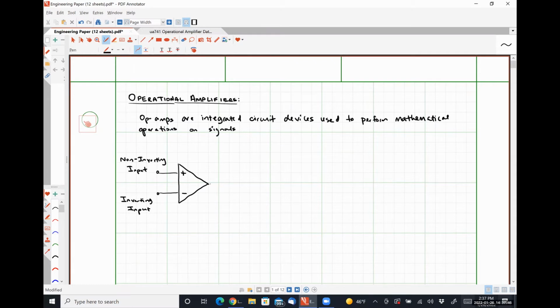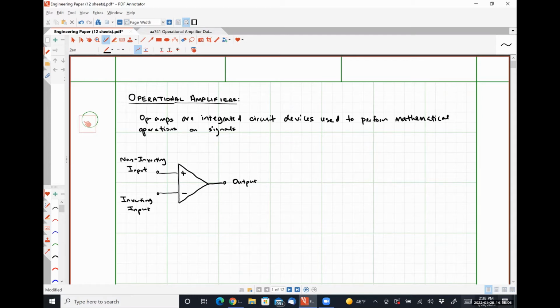On the opposite side here, we have the output terminal. So let's talk a little bit about what the non-inverting input terminal and the inverting input terminal does.